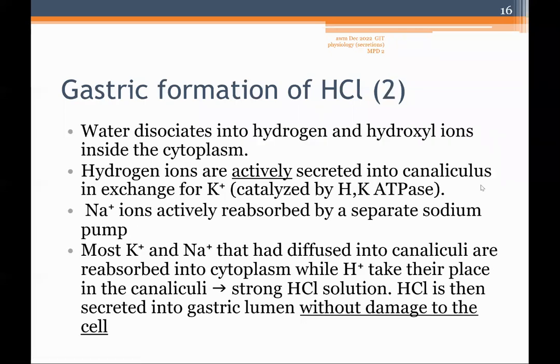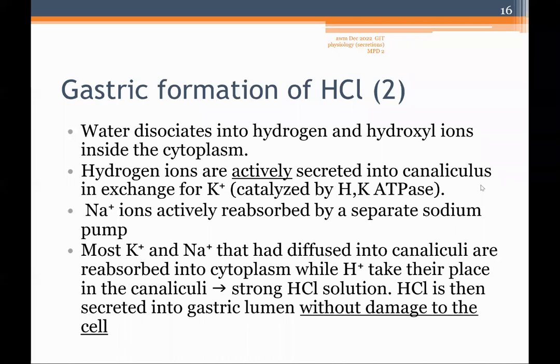At the same time, you're going to get water dissociating into hydrogen and hydroxyl ions inside the cytoplasm of the parietal cell. The hydrogen ions are then actively secreted into the canaliculus, so they're going to follow the chloride ions. And the hydrogen ions are going to be exchanged for potassium using the hydrogen-potassium ATPase.